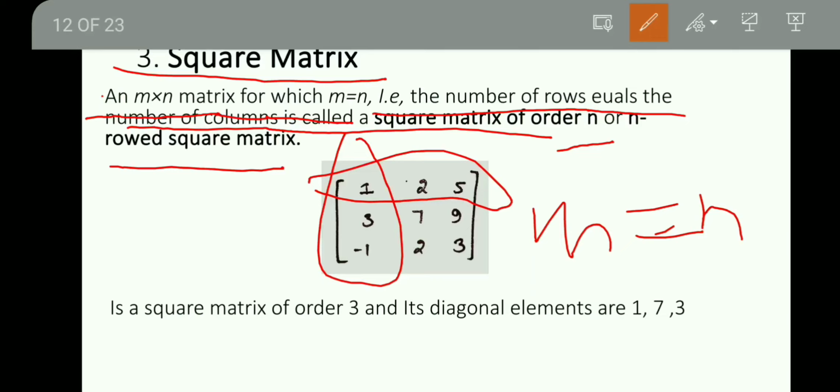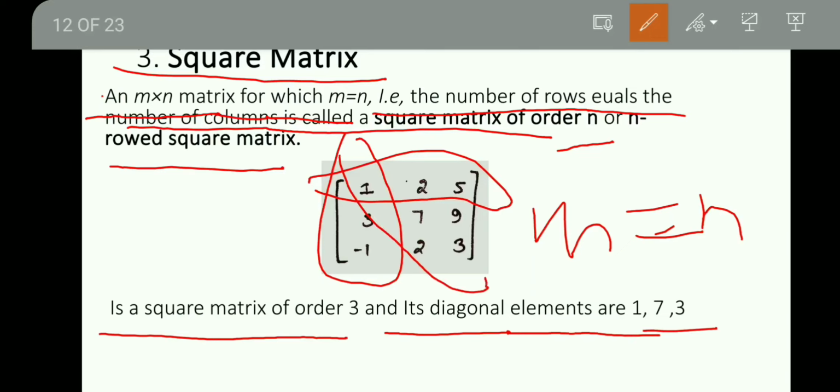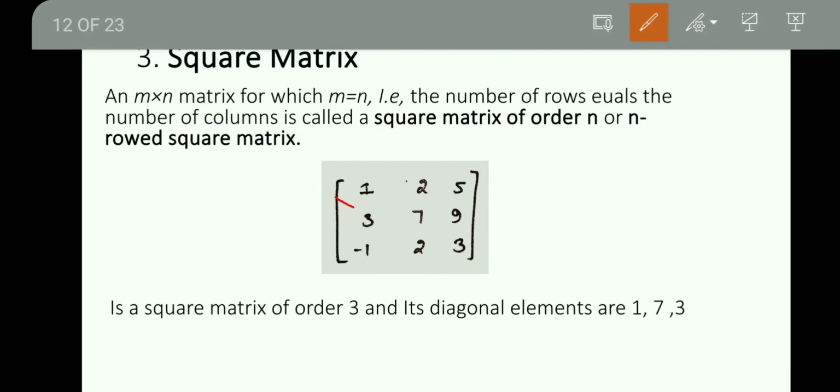That is called a square matrix of order 3 and its diagonal elements are 1, 3, 7. This is the diagonal. Okay.